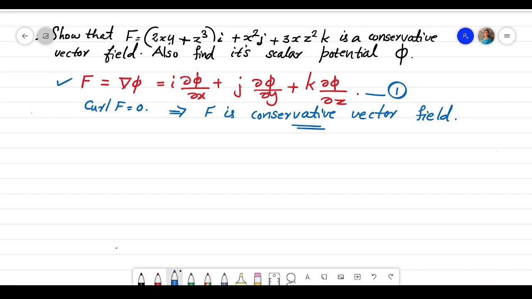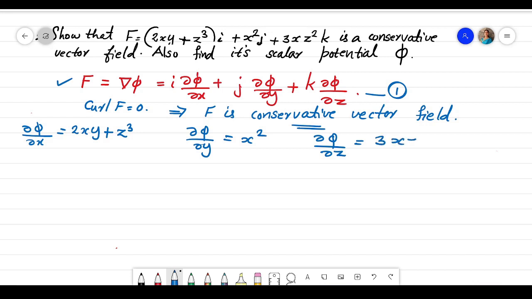So what is the value of ∂φ/∂x now? ∂φ/∂x is equal to 2xy + z³. Compare the right side. Similarly, what is ∂φ/∂y? ∂φ/∂y is x², and also ∂φ/∂z is equal to 3xz².